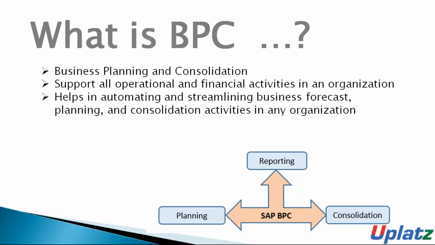For example, they have a plant in Andhra Pradesh, a plant in Tamil Nadu, and a plant in Karnataka. Andhra Pradesh will give some revenue, Tamil Nadu will give some revenue, and Karnataka will give some revenue. These are all individual revenues, and there will be some transactions in between. Like from Andhra Pradesh to Tamil Nadu, they will send some goods. So it is called intercompany transactions.